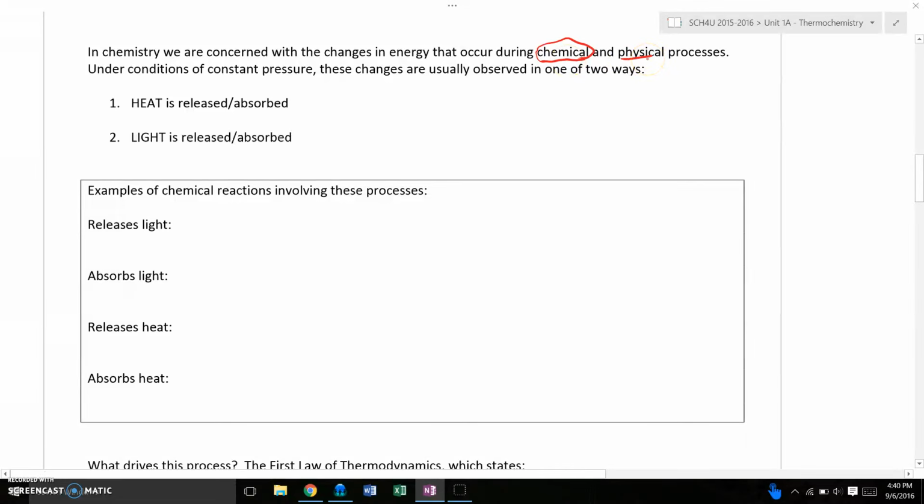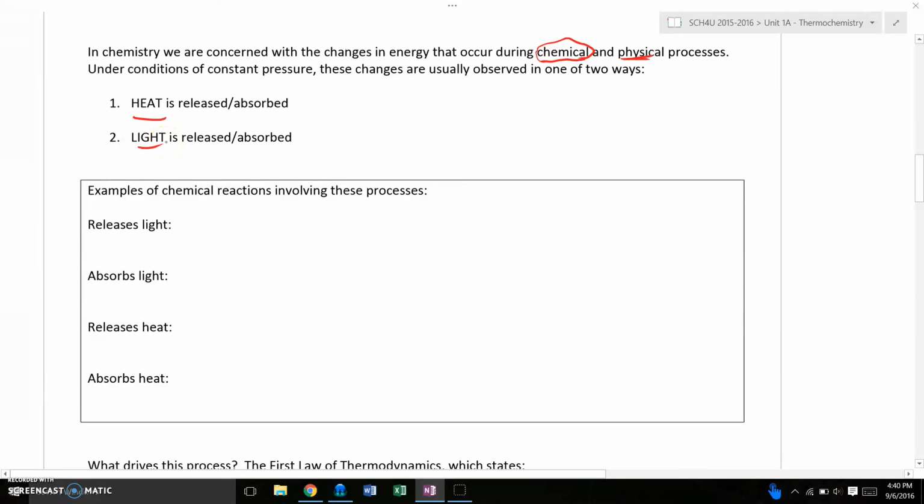Or physical, where it's usually a change of state, or you're moving something, but no new substance is created. Okay, but when either a chemical or physical change happens, if you have constant pressure, these changes can be observed in one of two ways. Either heat is released or absorbed, or light is released or absorbed.